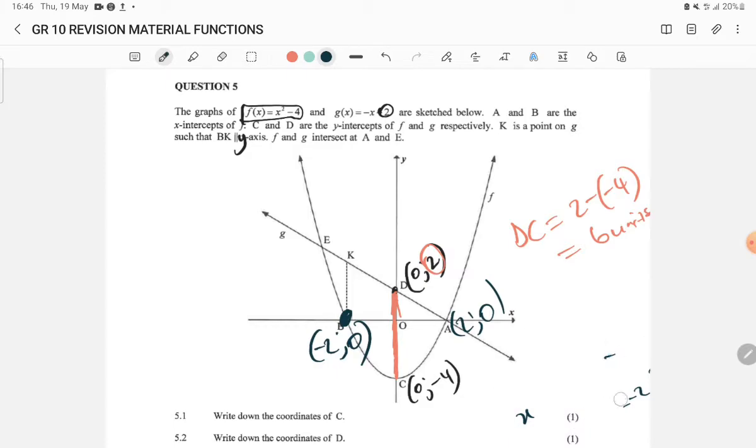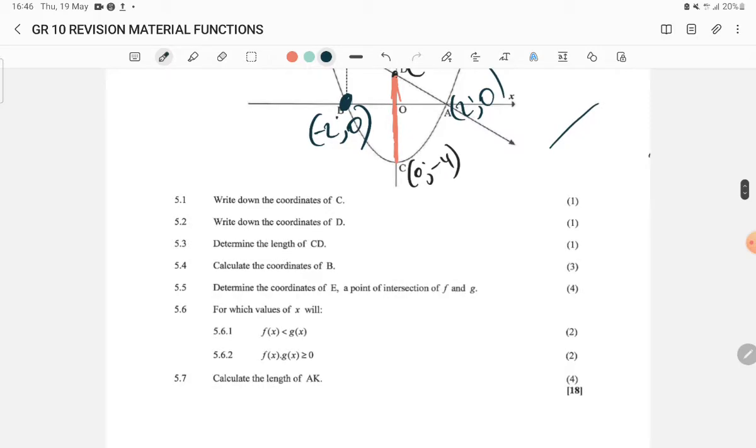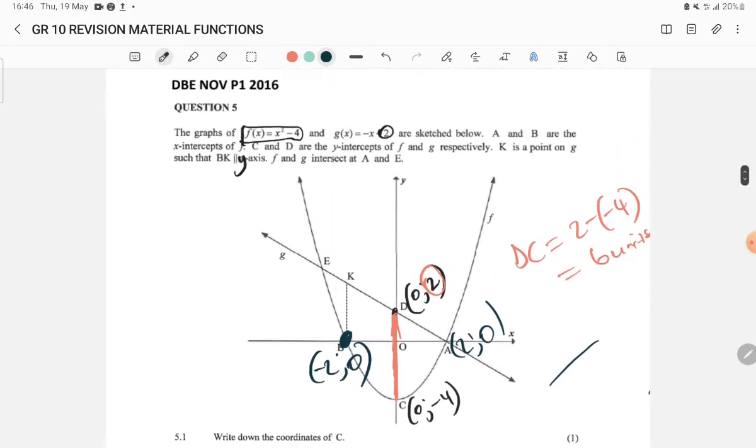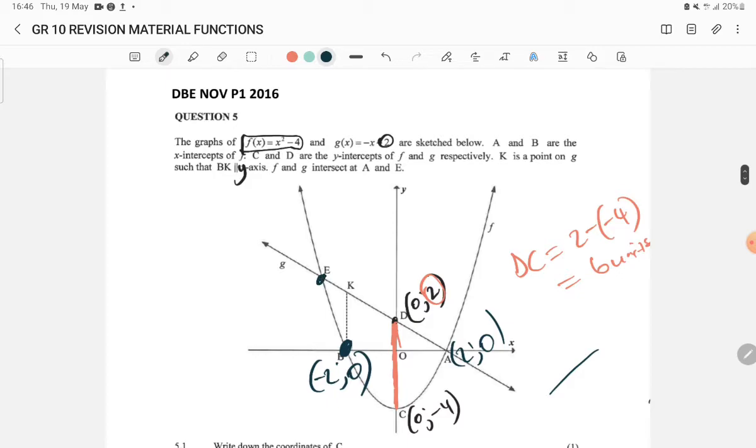Now let's go to number 5. Number 5 says calculate E, which is the point of intersection of G and F. Now you can see that we are calculating this point, and you can see that both of these graphs are equal at that point.